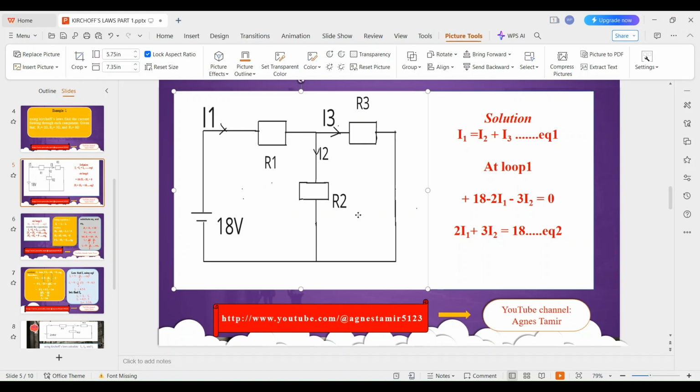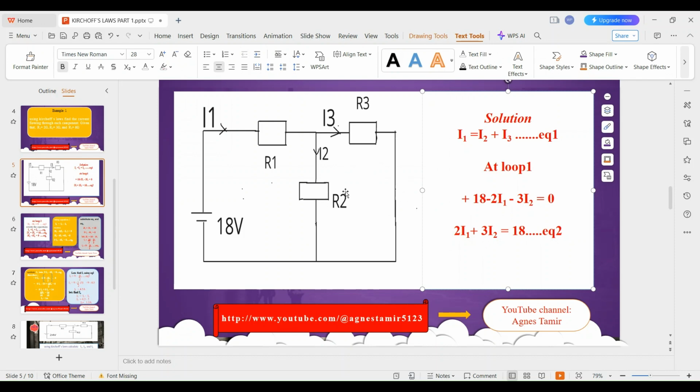Now let's look at the other section. We have seen that I2 is 3 and I3 is 1.5. So when we add those two, we are supposed to get 0.